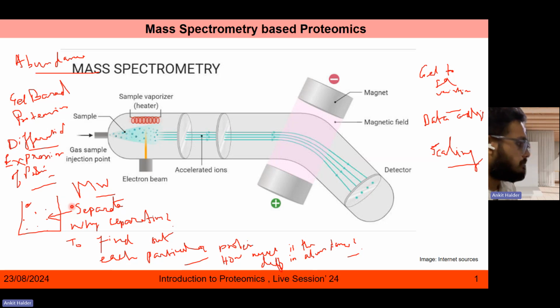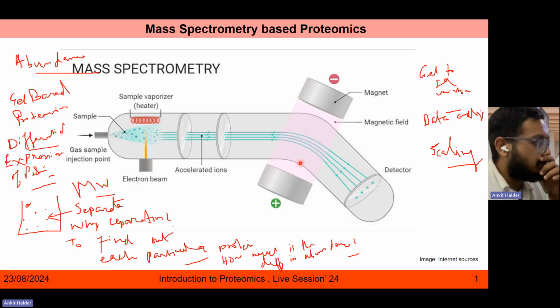The basic principle, the separation of the proteins to identify each single protein, remains the same, but the principle and the procedure are quite different, and this has led to a huge increase in the coverage of protein identification. It is helping us a lot in the identification and quantification of certain proteins, right?